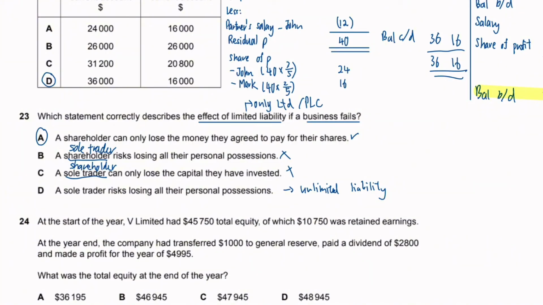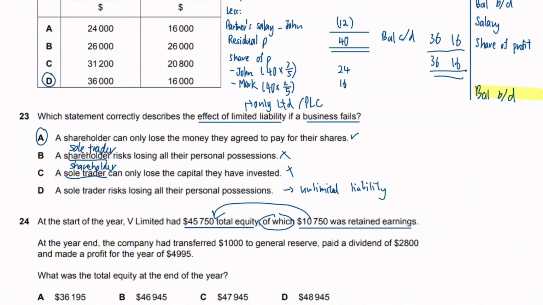Okay, 24. At the start of the year, V Limited had 45,750 total equity, of which 10,750 was the retained earnings. So don't count it extra, because this is within this.